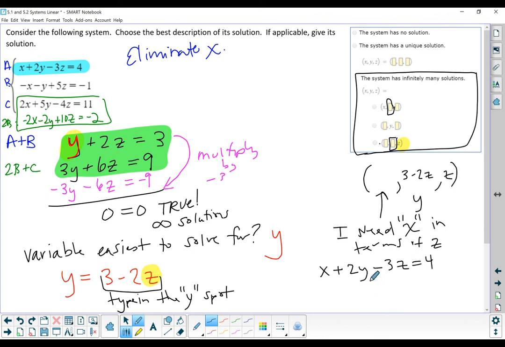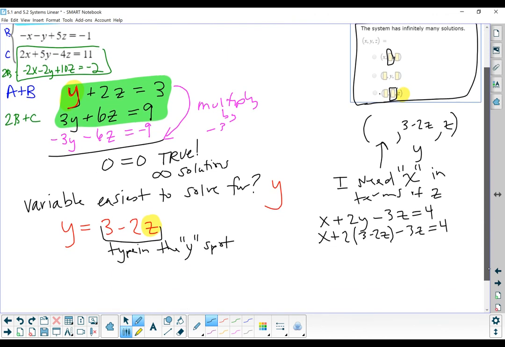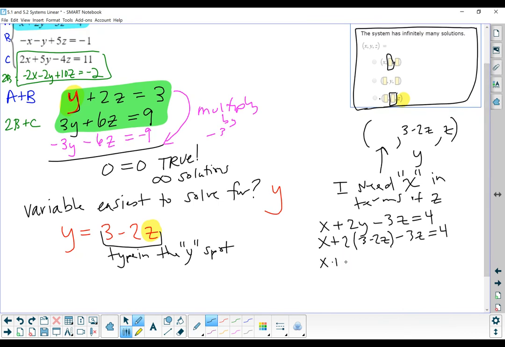Well, I decided a second ago that y is 3 minus 2z. So this is x plus 2 multiplied by 3 minus 2z, we're substituting that for y, minus 3z is equal to 4. So I just want to get the x by itself. So I'm going to distribute the 2. And then I'm going to move all these other terms over to this side.